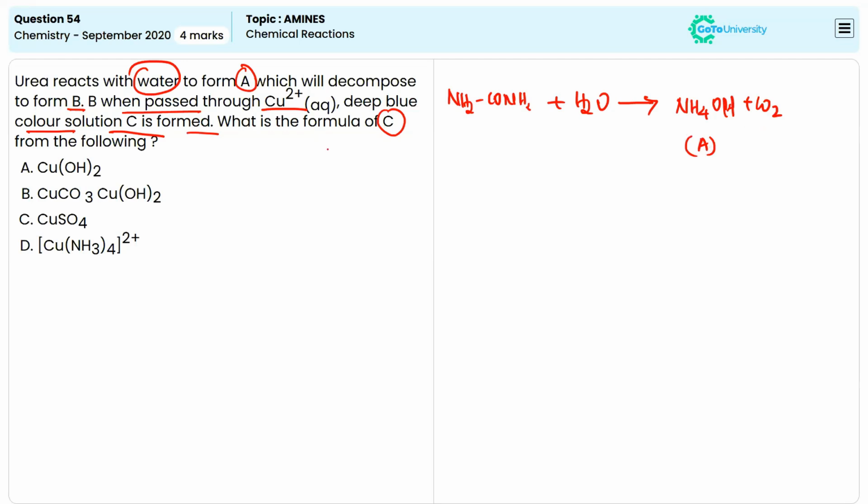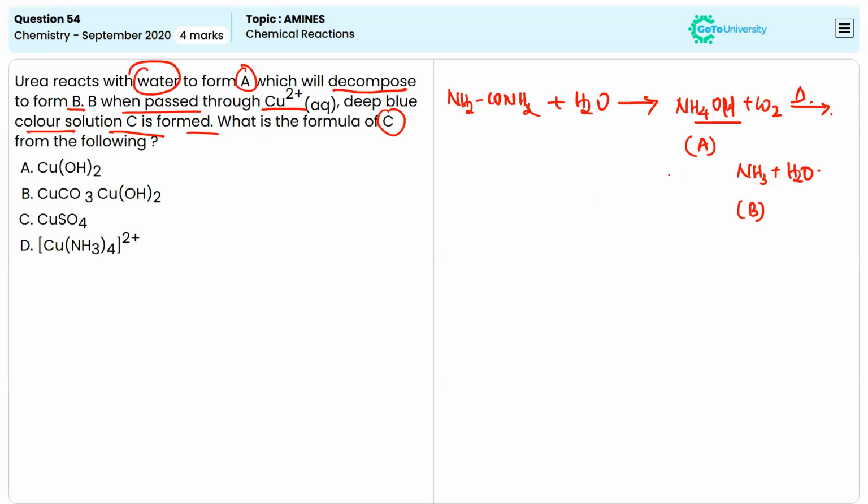So here we are considering the product A, that is ammonium hydroxide. CO2 is not A because urea is converting to a compound A, right? So urea will be converting into ammonium hydroxide, NH4OH. Now this NH4OH, A, will undergo decomposition. When it is heated, it will produce NH3, ammonia, plus water. Okay, so B is ammonia.